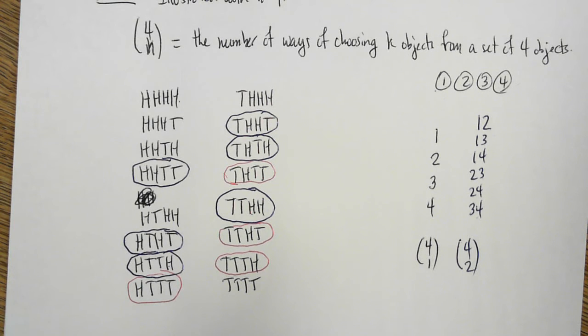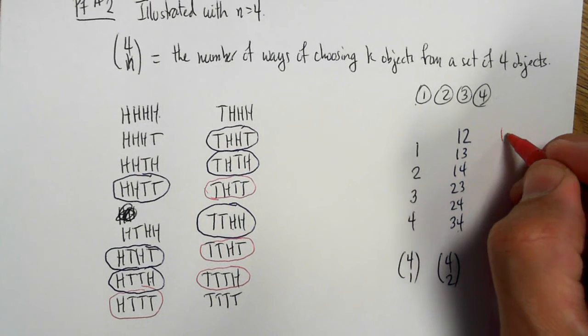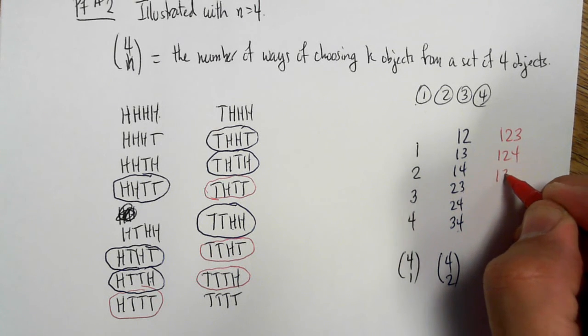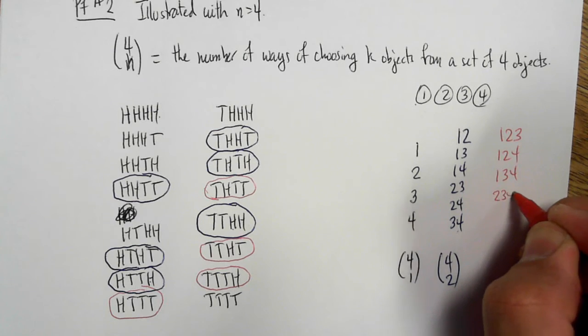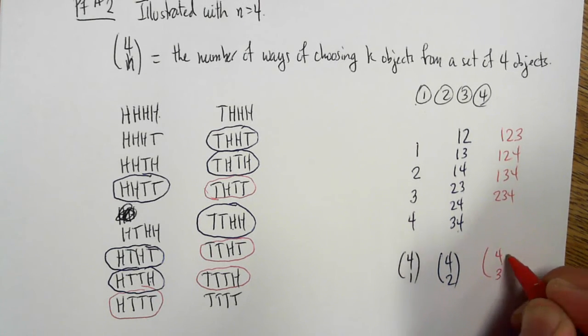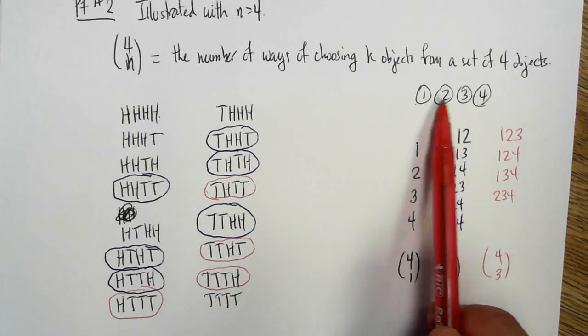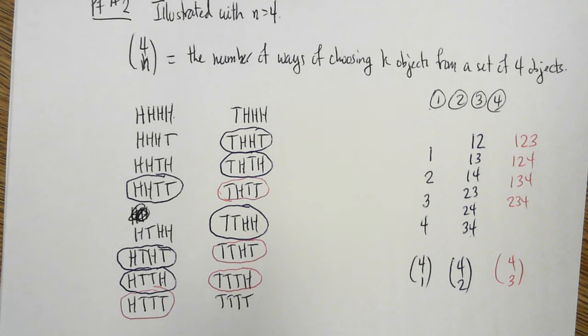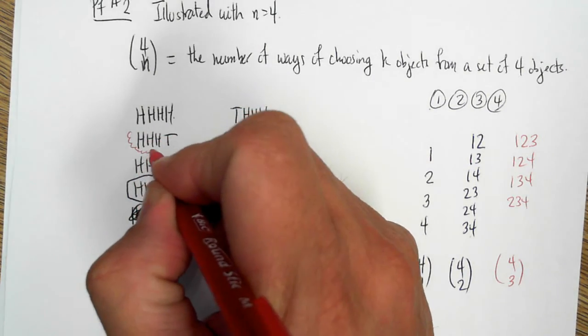Okay, next let's talk about what happens if I have 3 objects being pulled. So there's 1,2,3, 1,2,4, 1,3,4, and 2,3,4. There are 4 choose 3 ways of pulling 3 objects from these 4. Now that corresponds to the different arguments here. So I'm going to write this in kind of bubbly like this.